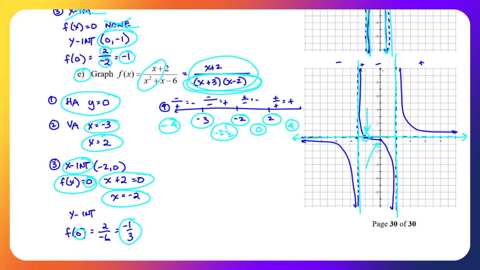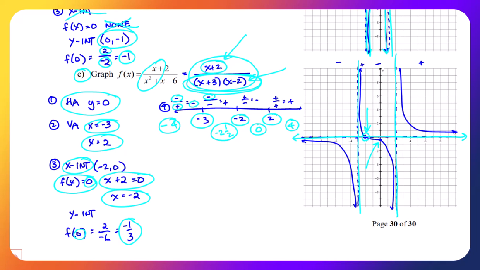Go ahead and practice plugging these numbers in, and just worry about if the answer is positive or negative. We don't care about the number itself. And so here, if I plug in negative 4, the top is negative, the bottom is positive, that's negative. If I plug in negative 2.5, if I just add 2, it's still going to stay negative.